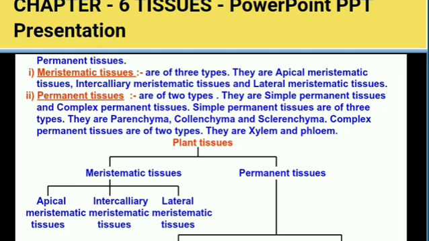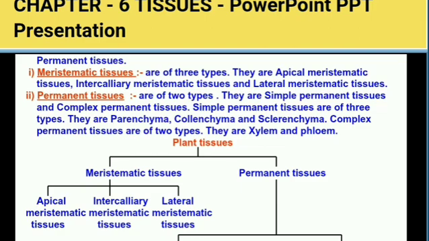Therefore they show a process called differentiation. So we can say that differentiation leads to the development of various types of permanent tissue. Under permanent tissue we are going to study simple permanent tissue and complex permanent tissue.